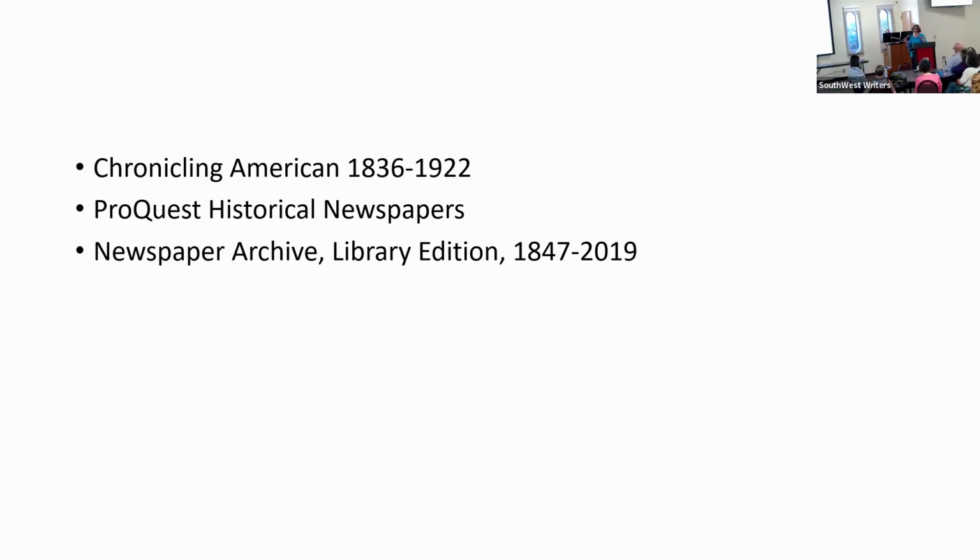Those you do not need a library for. They have search functions. You can look at it by county. You can look by name. They're generally grouped by state. ProQuest Historical Newspapers and the Newspaper Archive Library Edition are both subscription only. So you would need to go through the library, but I believe you can do it from home.